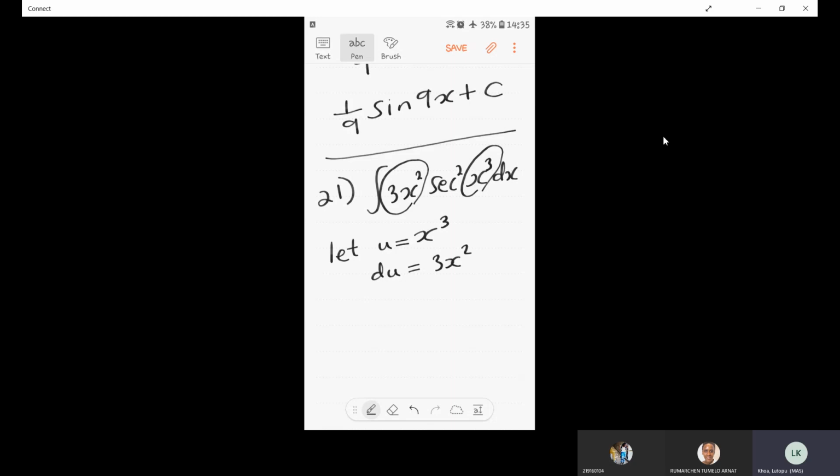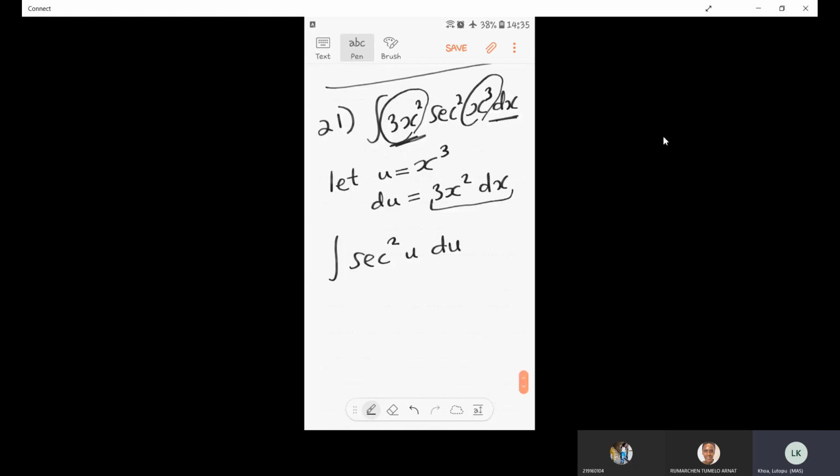It should be a dx, very important. So you will make this substitution. You can see the 3x squared dx is just du. So I have the integral of sec squared, instead of x cubed I put u, and then I put du instead of what I have over there.